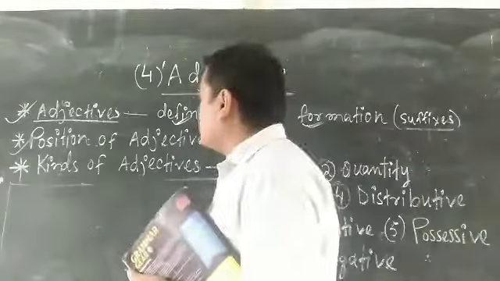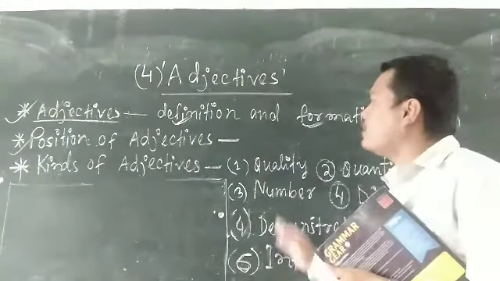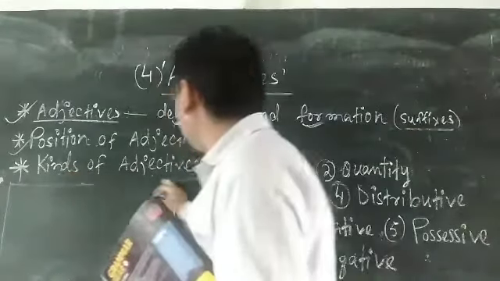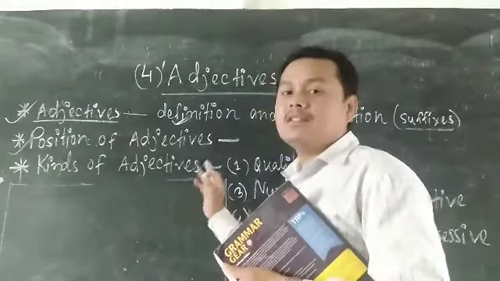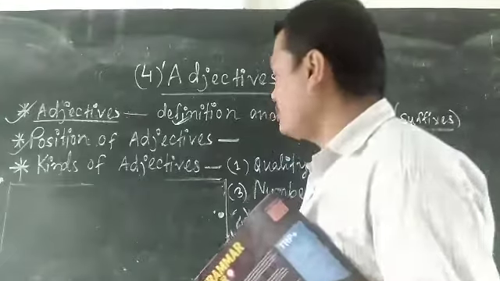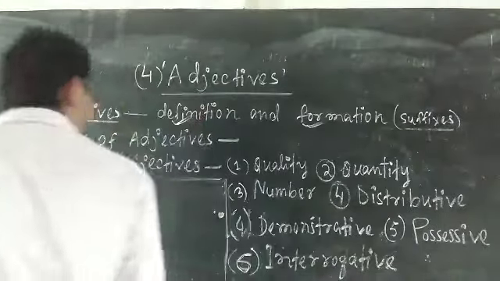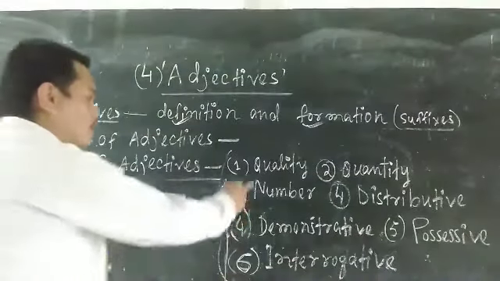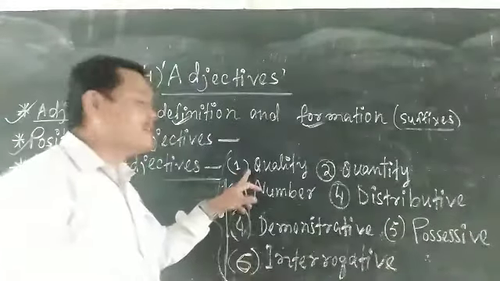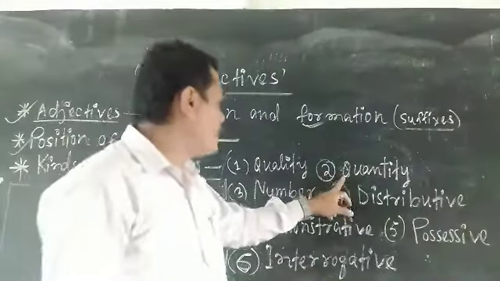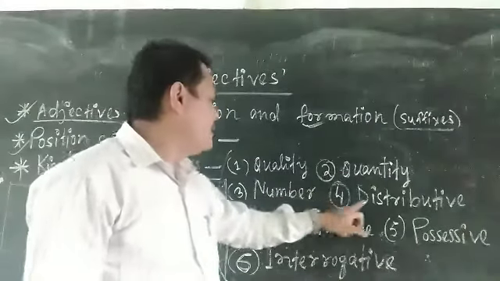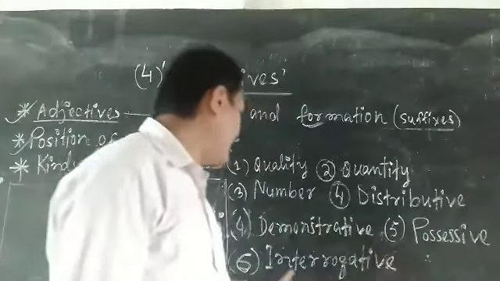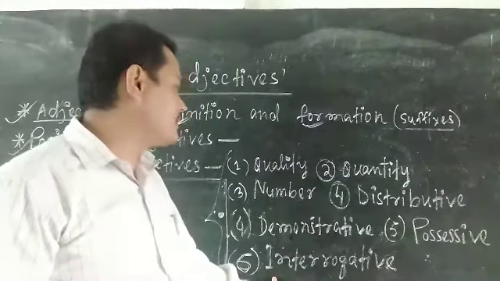And the third and last point of this chapter is about kinds of adjectives. That means types of adjectives. You can see on the blackboard a good number of adjectives are given here: adjectives of quality, adjectives of quantity, adjectives of number, distributive adjectives, demonstrative adjectives, possessive adjectives, and interrogative adjectives.